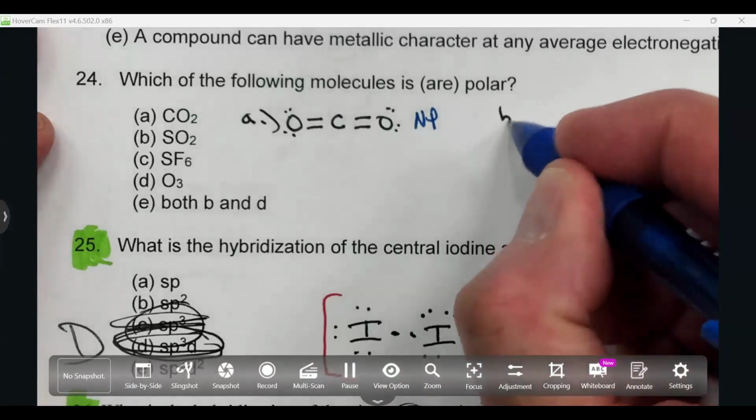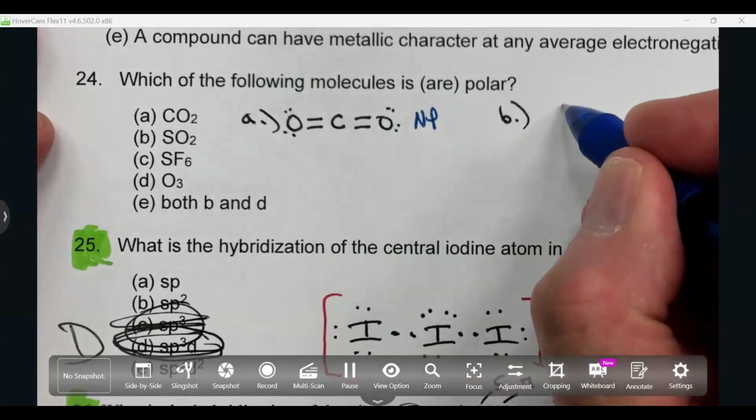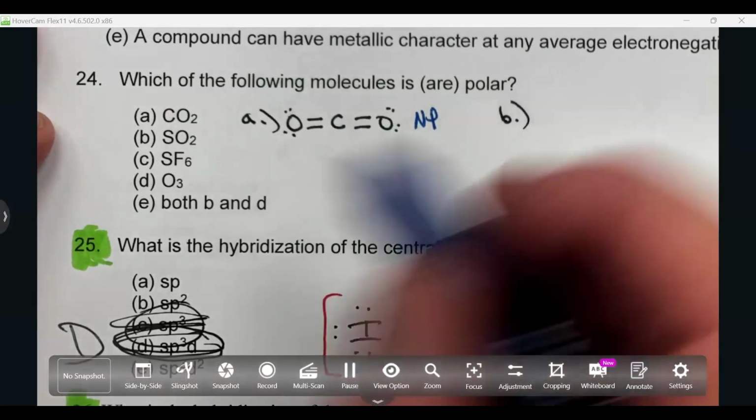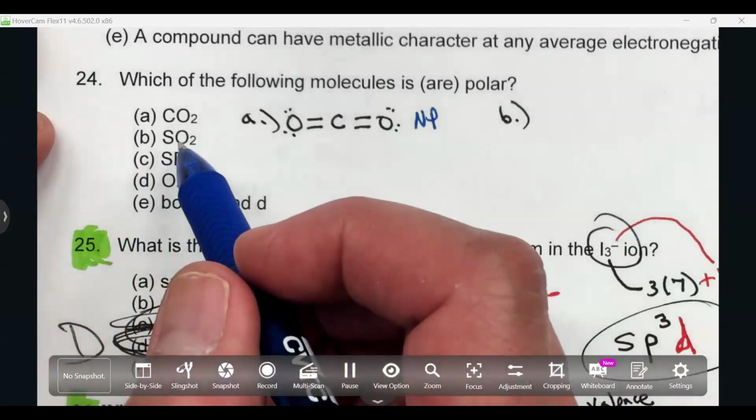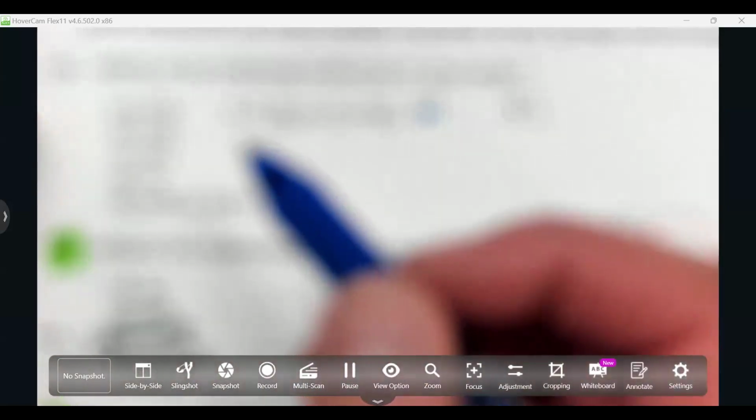If we do B, we've got SO2. How many valence electrons do we have there? We've got 18 valence electrons.